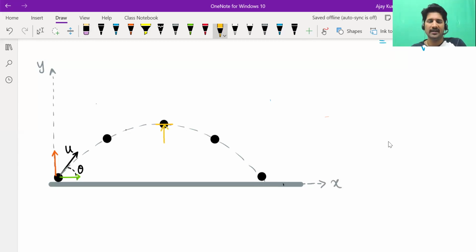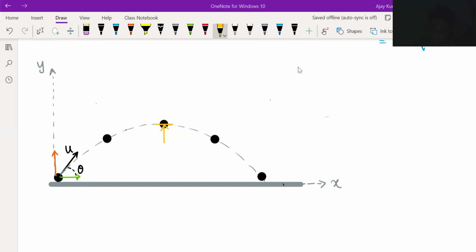At least for small heights above the earth, like the height to which you can throw a ball, it remains constant. When you go into space or very far away from the earth, then gravity changes significantly. For now, we are not considering those effects. We will take into consideration that effect when we discuss the chapter gravitation. For now, we'll assume acceleration due to gravity is uniform.